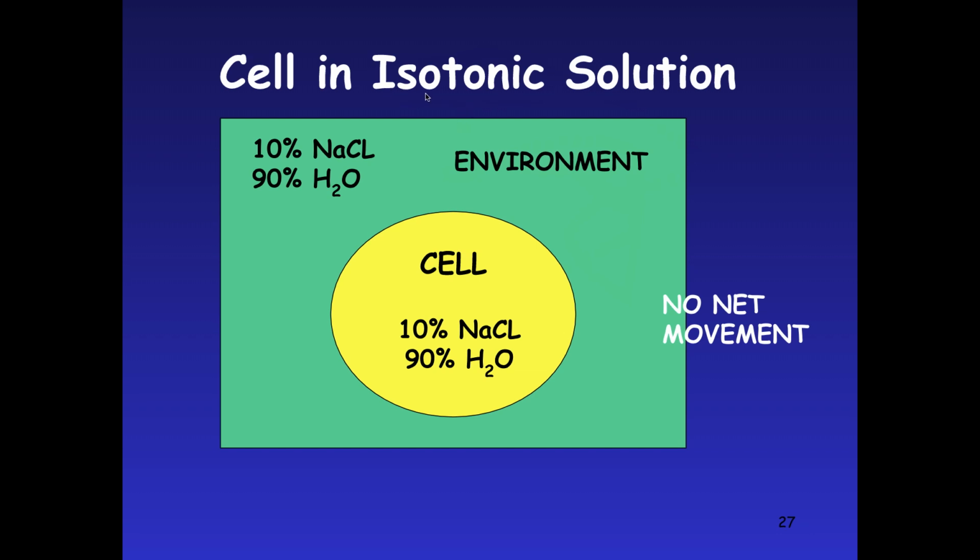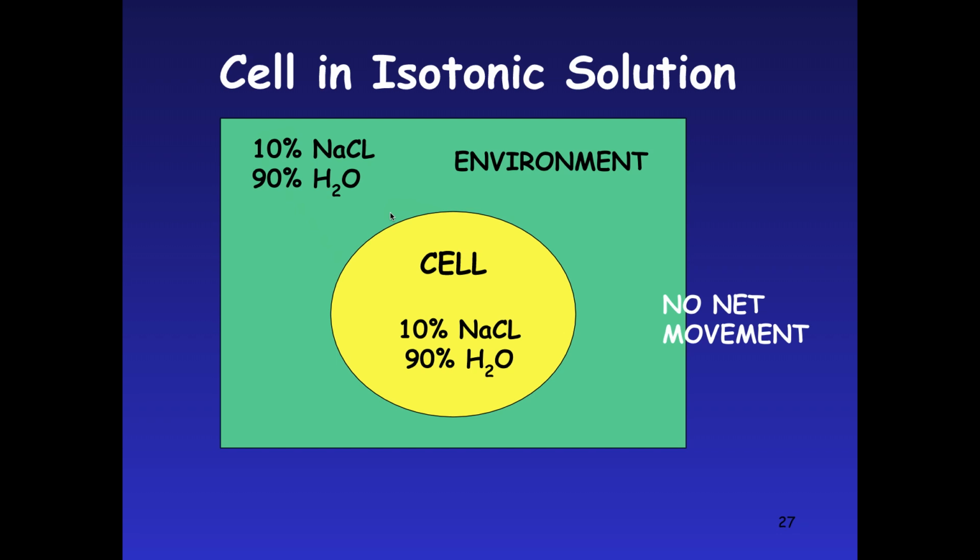Okay, the word iso in Greek means the same. We've got the word homo or homeo that means the same. We've also got the word iso that means the same as well. So what this means is that it's going to be the same kind of solution inside the cell as outside the cell.